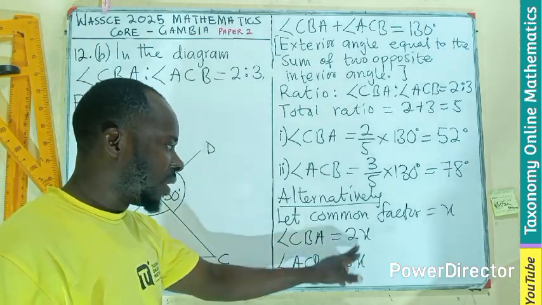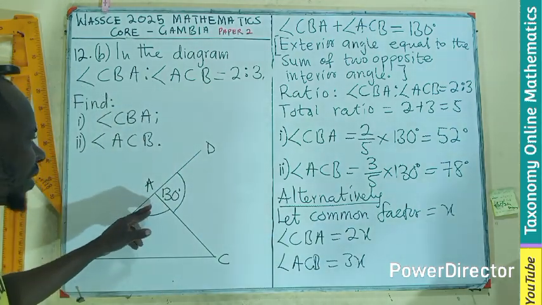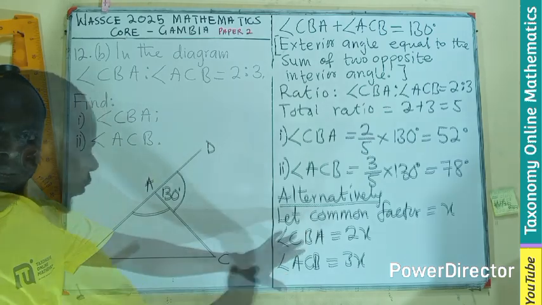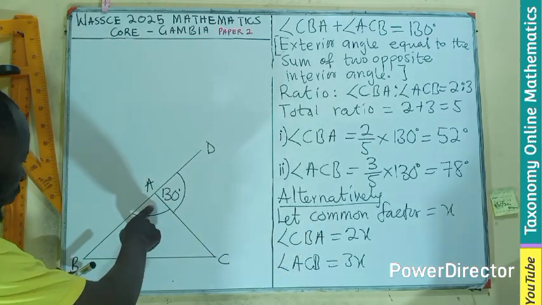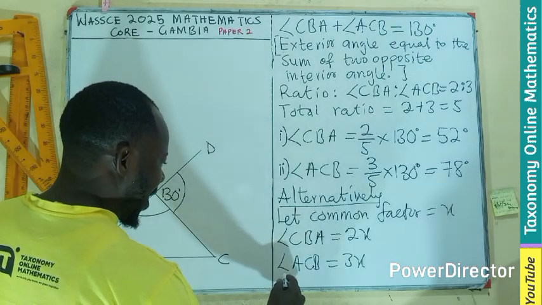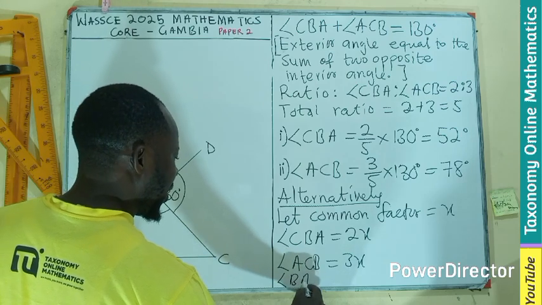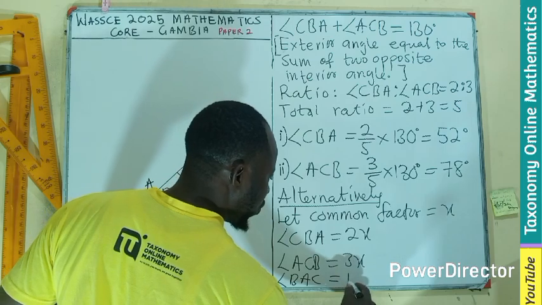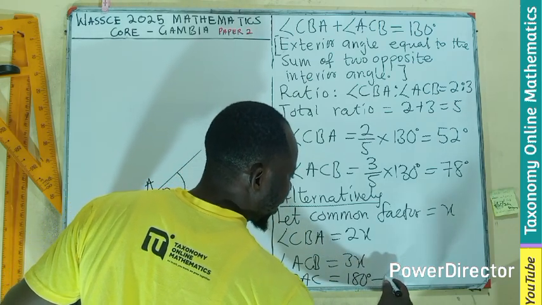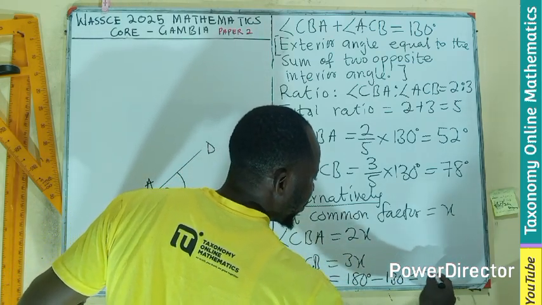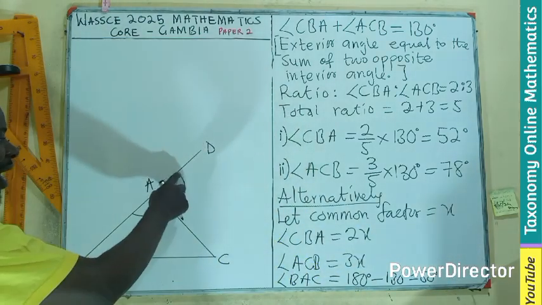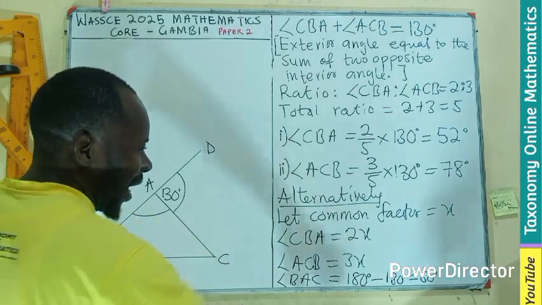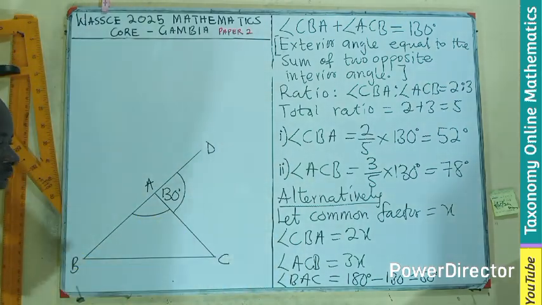Let's find angle BAC. BAC will be 180 degrees minus 130 degrees, which gives 50 degrees, angles on a straight line.